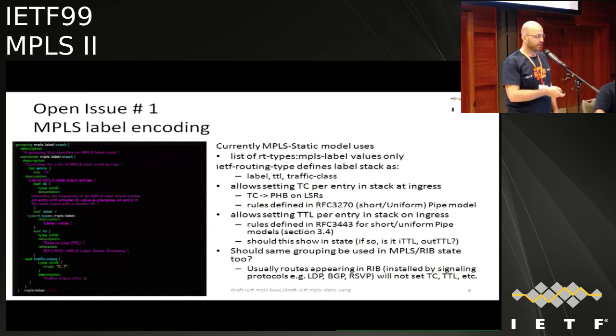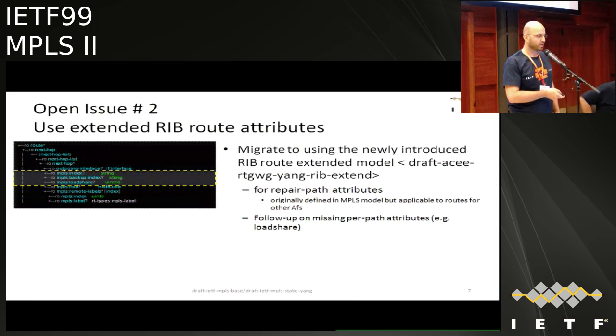There were a couple of attributes in the route that we introduced as MPLS attributes, but they're applicable to IP routes as well. We did take this discussion with the extended RIB draft authors, and we are following up with them on this, and we will update our model to comply with that.